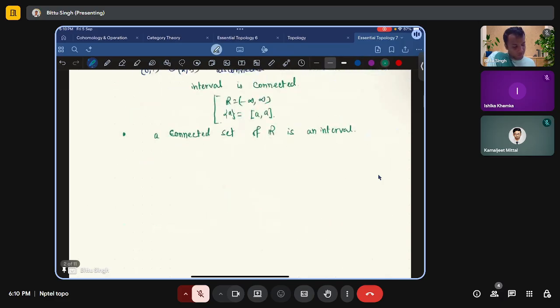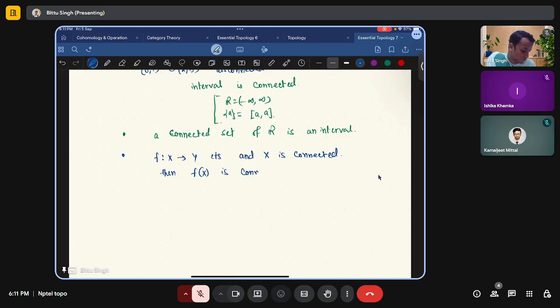Another important property. Suppose f from X to Y is a continuous map and X is connected. If we assume those two things, then f(X), which is a subset of Y, is always connected.